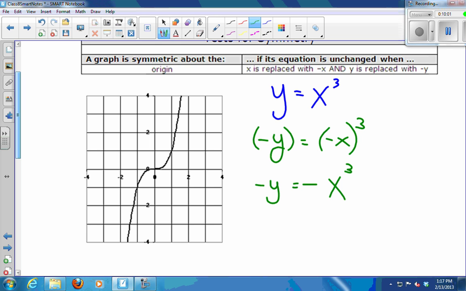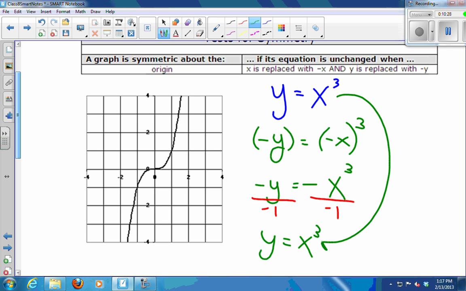If I divide both sides by -1, I get y equals x cubed, same as the original. You can also think of it as add y to both sides, add x cubed to both sides, and you would end up with x cubed equals y, which is equivalent to y equals x cubed. So these are the same. Therefore, I have origin symmetry.